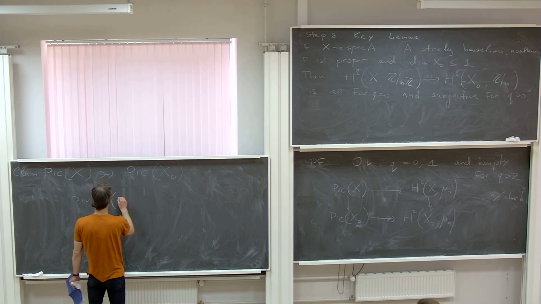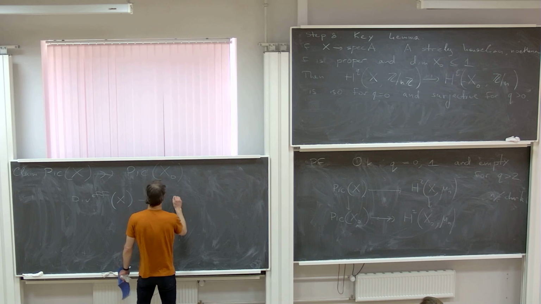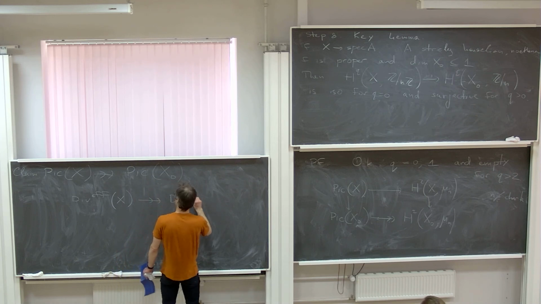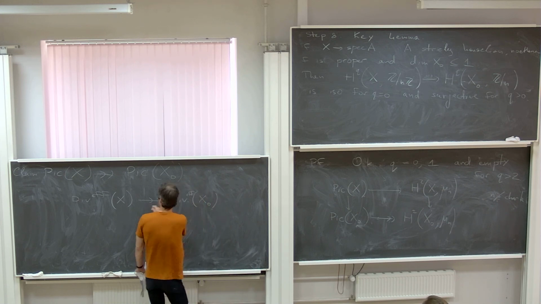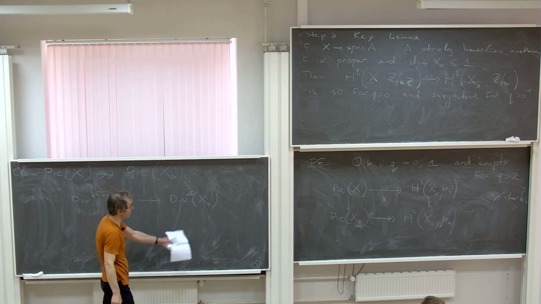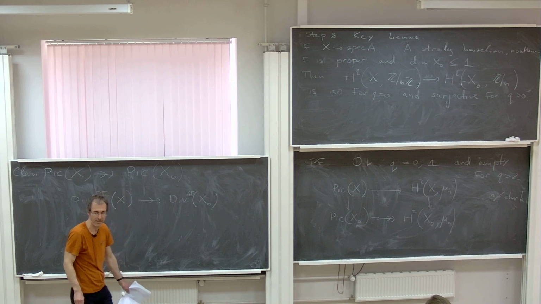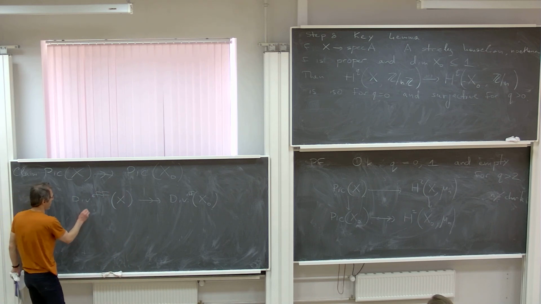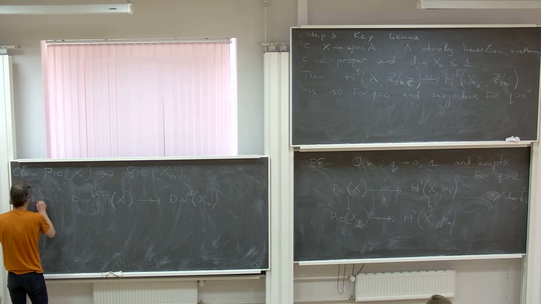So it's enough to prove that this map is surjective. Remember that our schemes are not, though the fibers are curves, but they're possibly singular curves, so you cannot work with Weil divisors. You need to work with Cartier divisors. So these are effective Cartier divisors, so that's what we want.